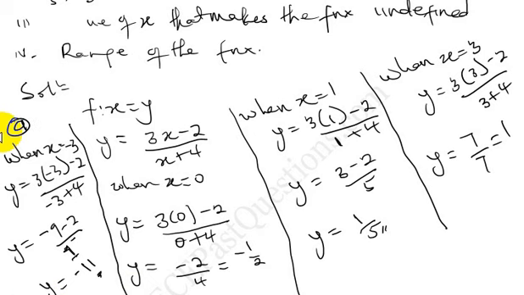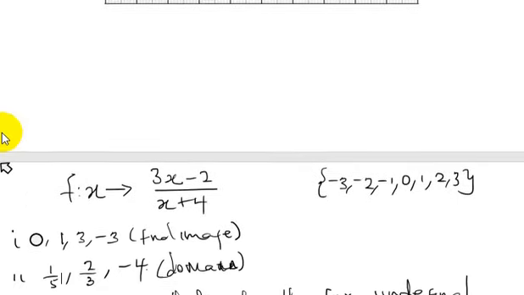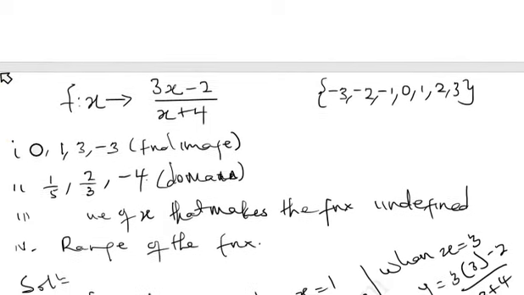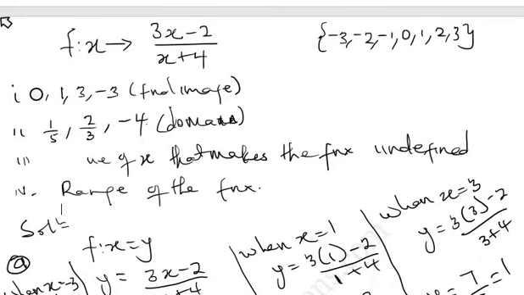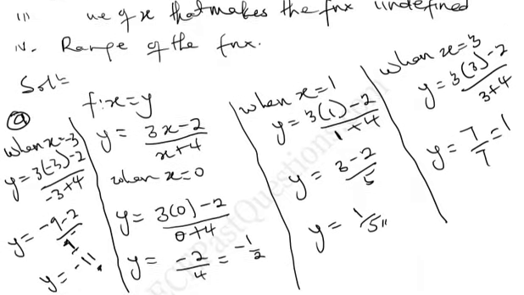So let's go back and read the B. Now the B says that we should find the domain for this one. We have 1 over 5, 2 over 3, and minus 4. So we should find the domain.